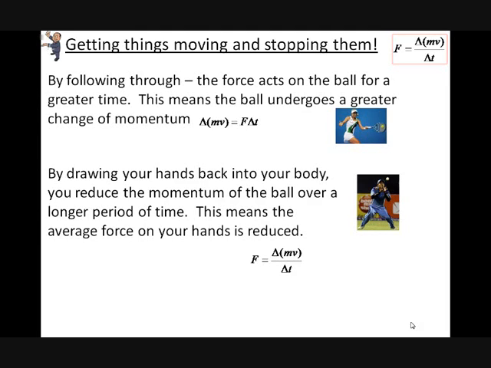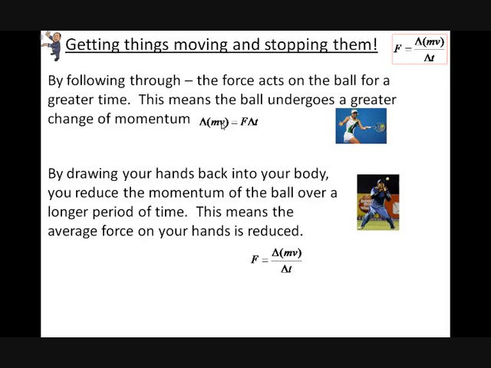So what you're doing here, you're increasing the force on the ball, because if we just rearrange our equation as delta mv equals F delta t, so I've just moved the delta t up. If I increase delta t, then my F times delta t with a bigger delta t gives you a larger change in momentum, and that's obviously what you want if you're playing a game. You want to get that ball moving and change its momentum as much as you can to get it back over to the side of the court.